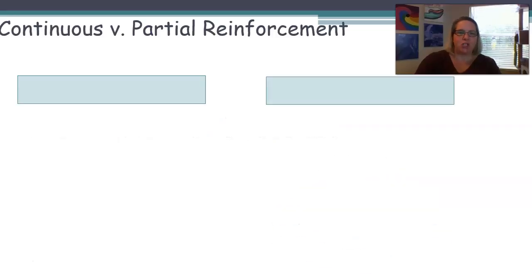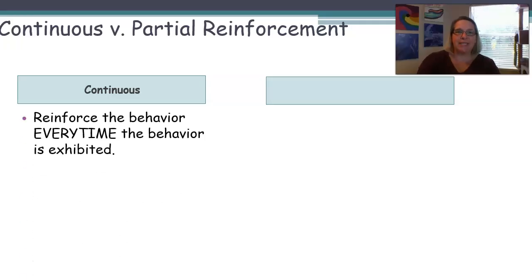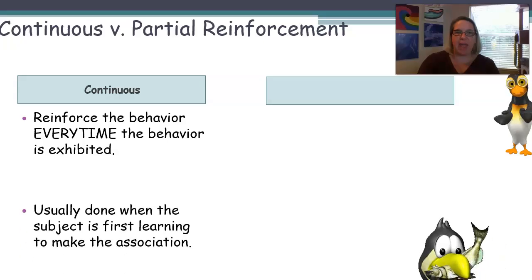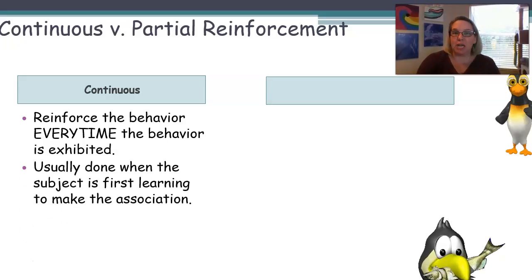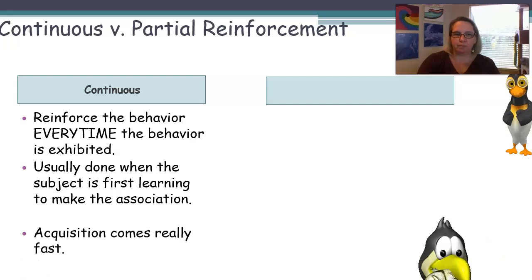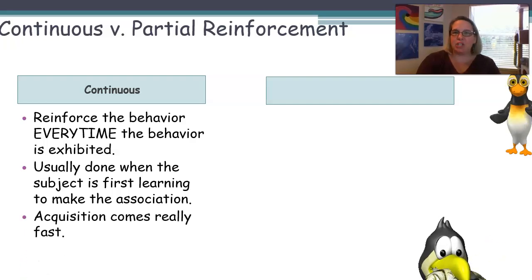Okay, so a couple of different concepts here. We have continuous versus partial reinforcement. In continuous reinforcement, we are reinforcing the behavior every time the behavior is exhibited. Every single time. Usually done when the subject is first learning to make that association. And acquisition, remember acquisition is gaining the learning.